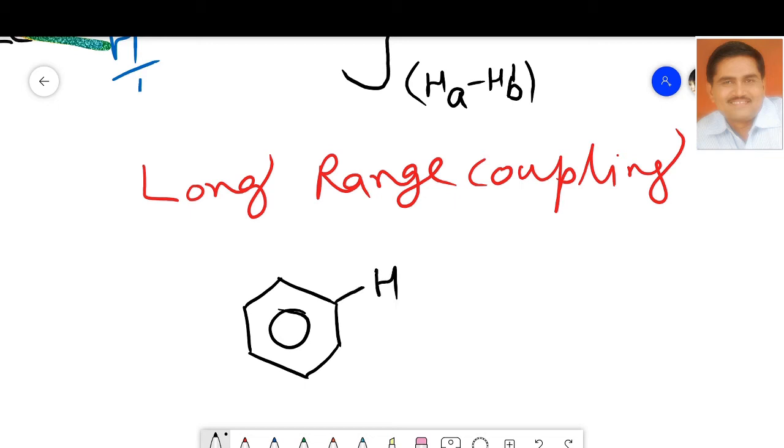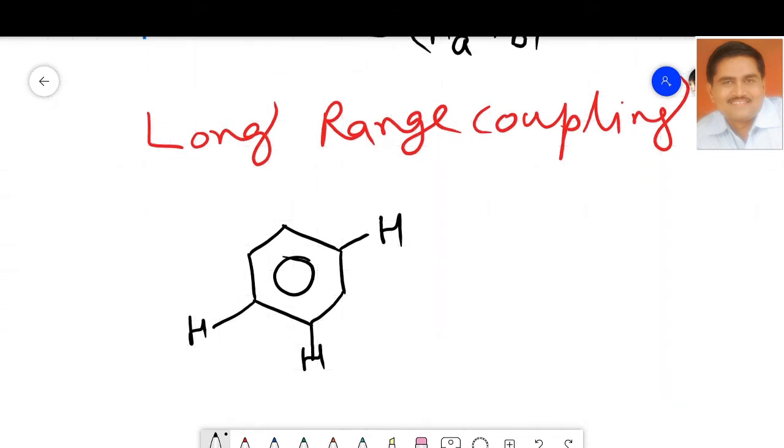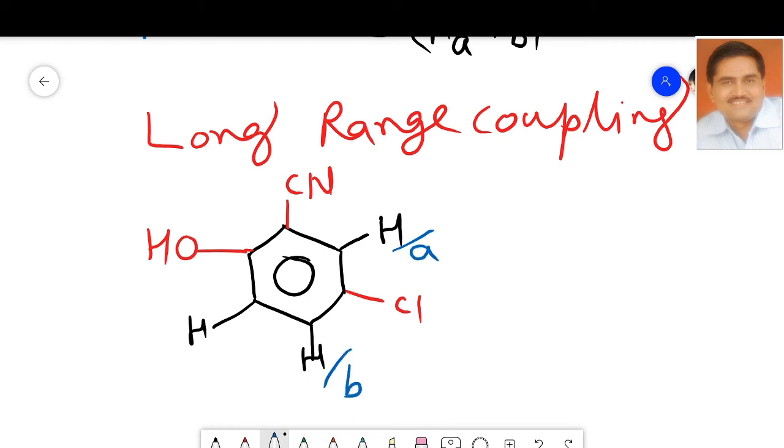Here there is H, here H, and here also H, but here Cl, here CN, and here an OH group is attached. So these three protons are in different chemical environments, so this compound shows three signals.